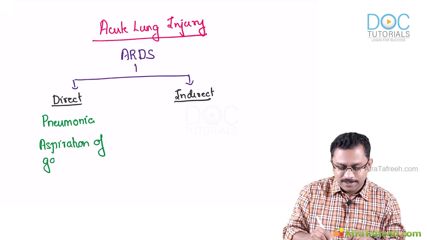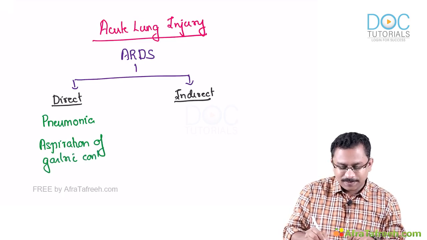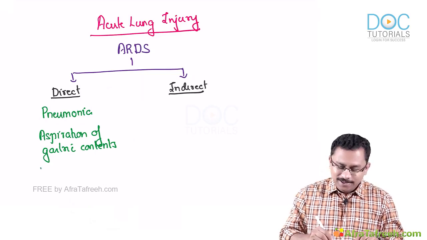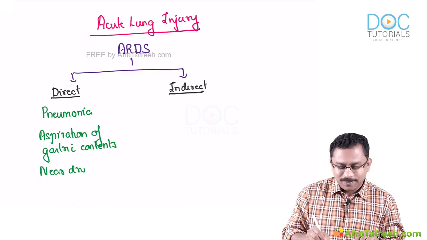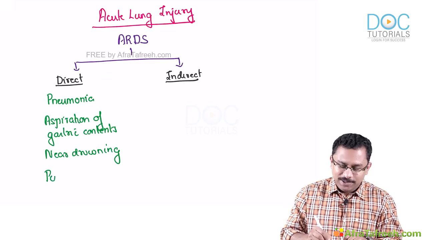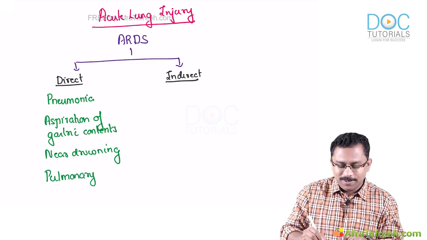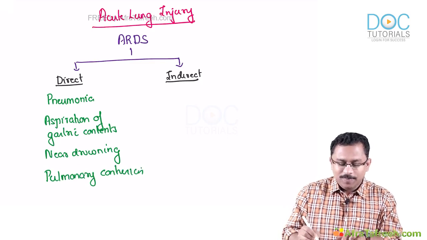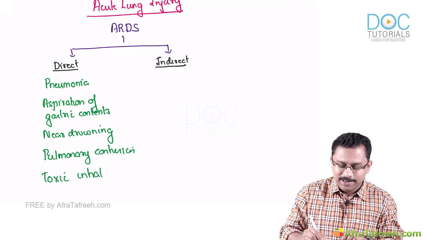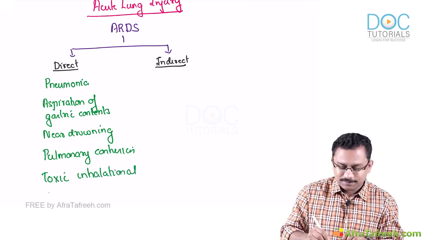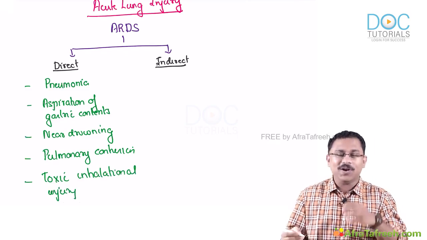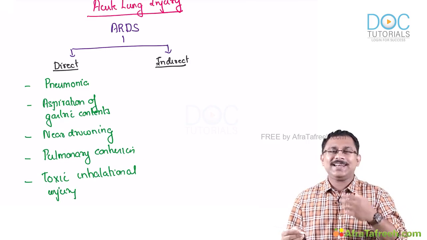Suppose there has been some near drowning, or maybe there has been some pulmonary contusion, or even a toxic inhalational injury. So these are the direct injuries that can happen to your lung, which can result in ARDS.